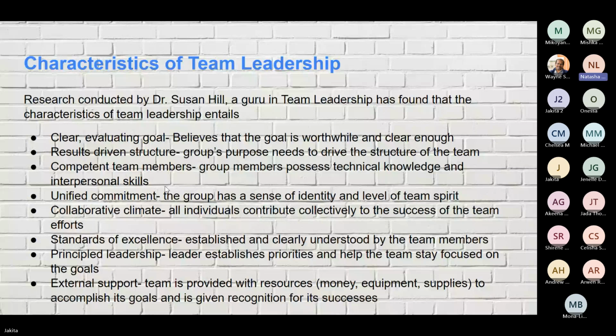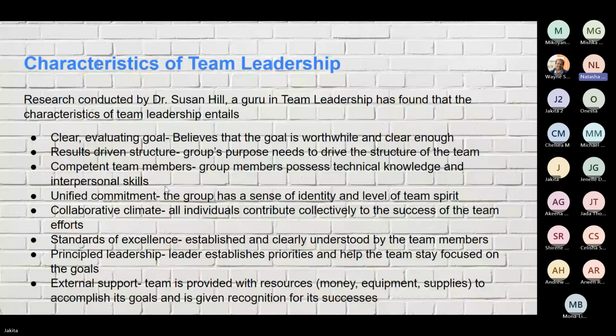Research conducted by Dr. Susan Hill, a guru in team leadership, has found that the characteristics of team leadership entail: clear, elevating goals, where members believe the goal is worthwhile and clear enough; results-driven structure, where the group's purpose needs to drive the structure of the team; competent team members, who possess technical knowledge and interpersonal skills; unified commitment, where the group has a sense of identity and level of team spirit.